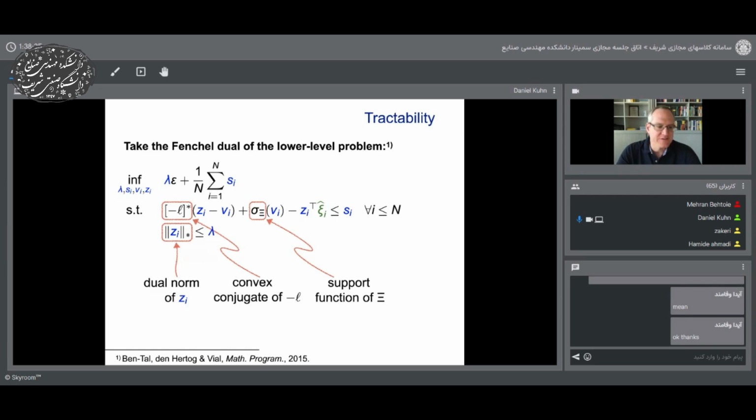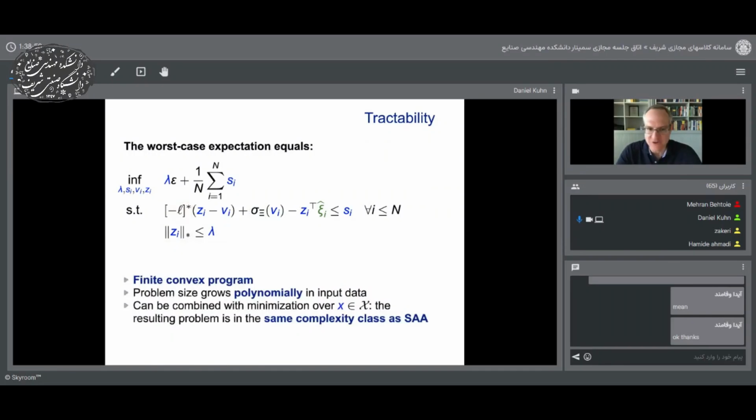All of these, the dual norm, the convex conjugate of minus L, and the support function of Xi, are convex functions, and therefore the optimization problem we found here is a simple convex optimization problem. So we reformulated our complicated problem over all distributions in the Wasserstein ball as a simple convex optimization problem.